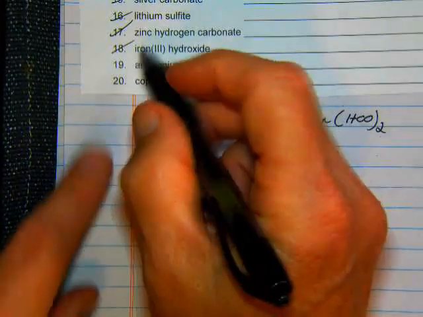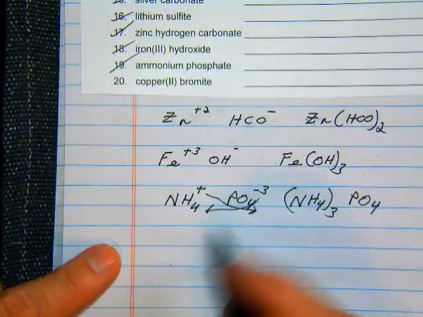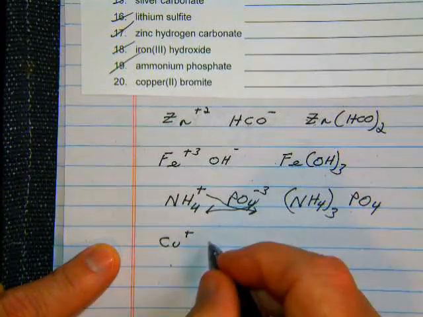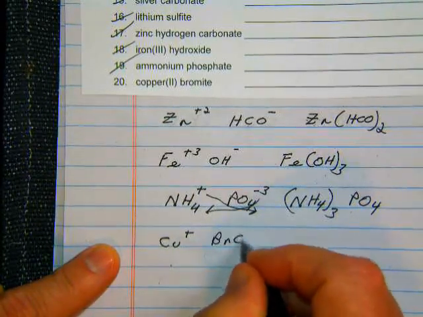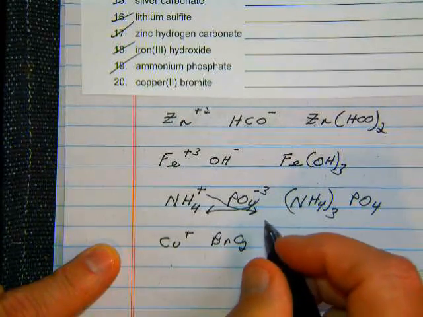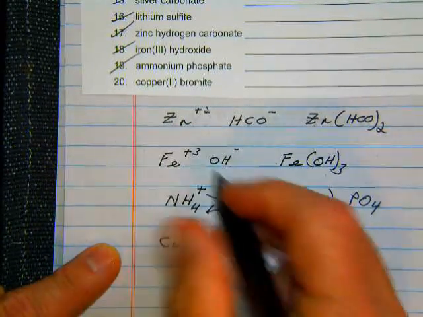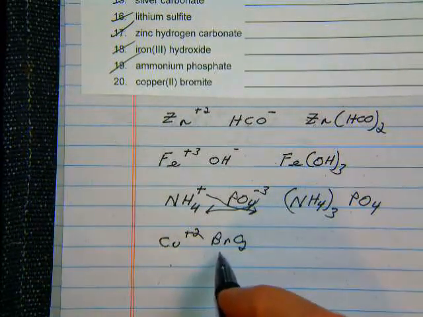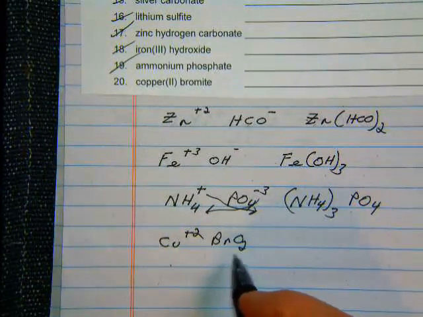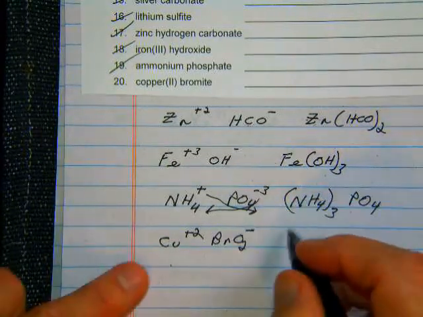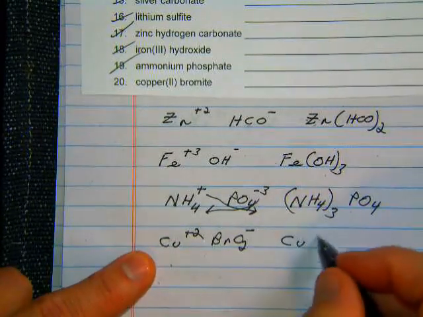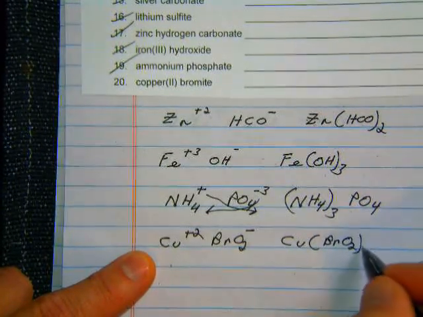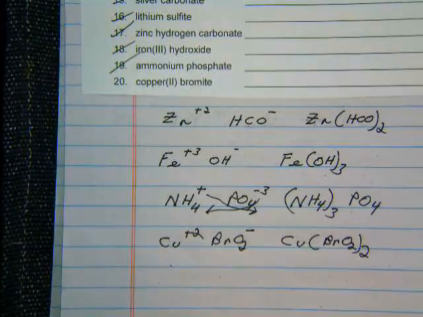And the last one we have is copper 2, so copper plus bromite, BrO2, and it's copper +2, so it's a +2 charge. Bromite is BrO2 with a -1, so we have copper, BrO2, and we need 2 of those to balance it out. So that's how you would run those.